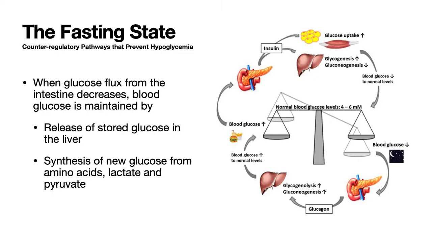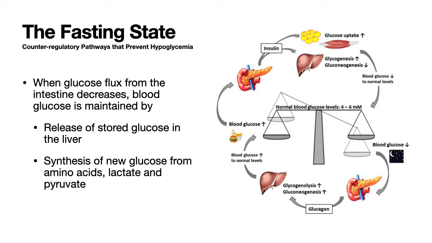Now, let's discuss what happens during the fasting state. Fasting technically means that period in time where the organism has nothing to eat. So what happens during the fasting state? The counter-regulatory pathways are activated.